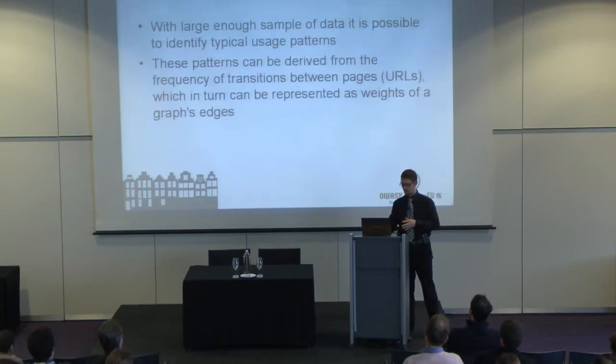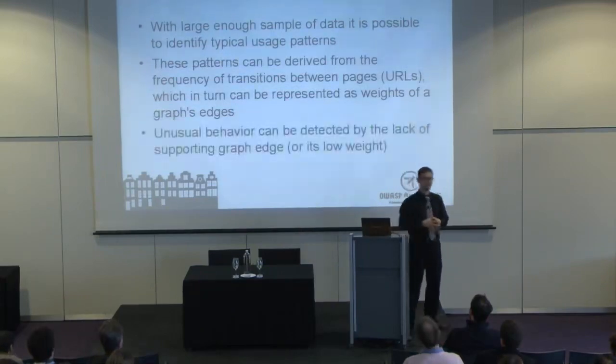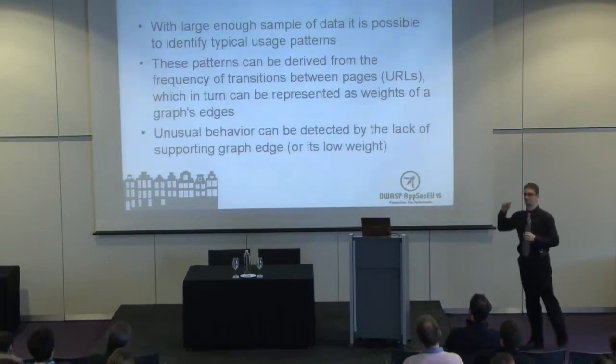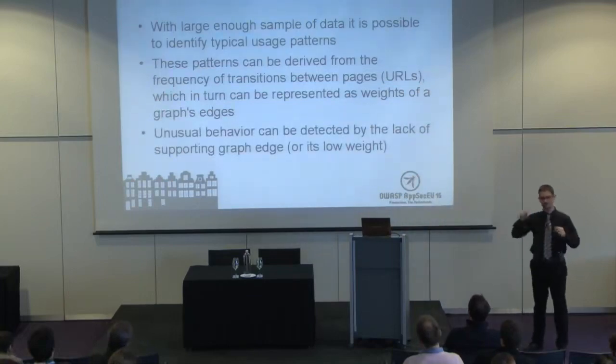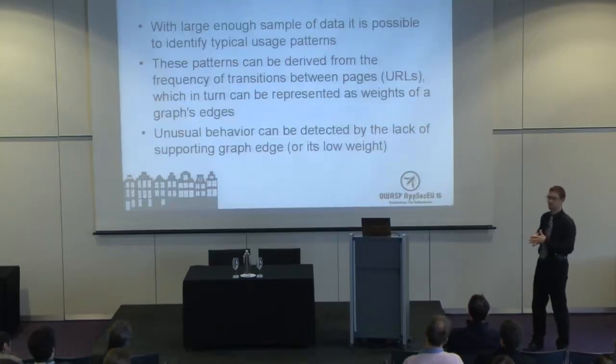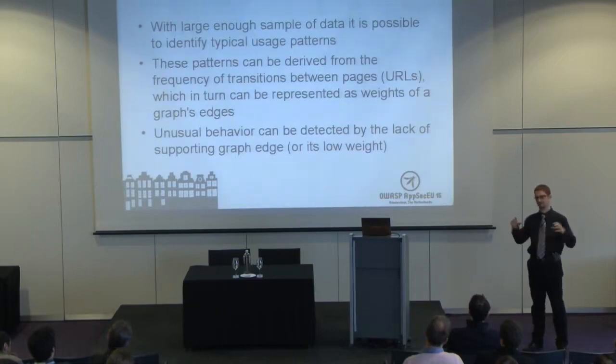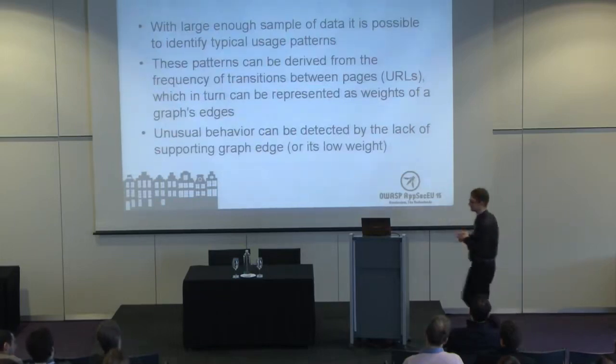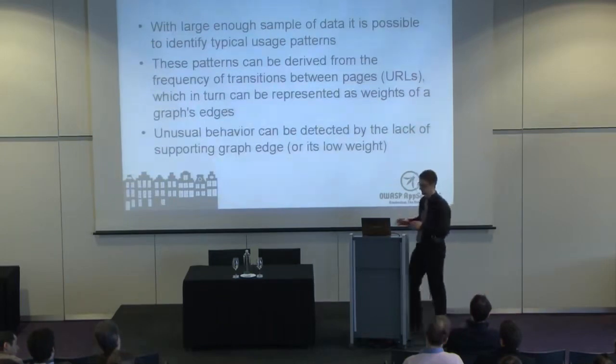So if we have the graph, and if we just add 1 to the weight of the edge of the graph every time a user traverses a certain path, then in a short time we will have a graph that holds the information about which paths are used often and which paths are very rarely used or just once.